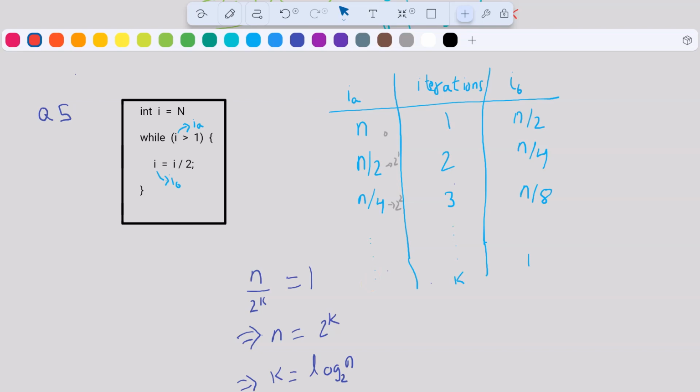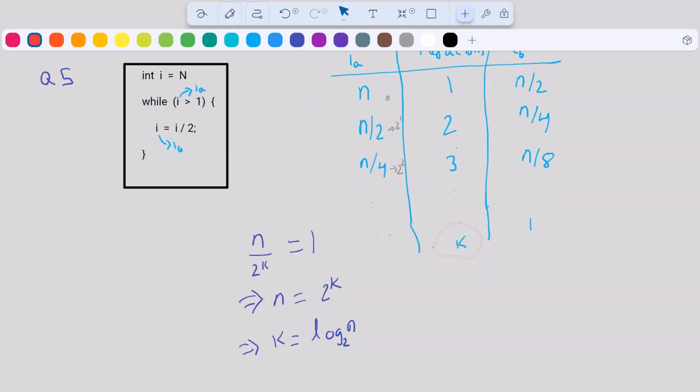As you can see, for 2 this was 2 to the power of 1, for 3 it was 2 to the power 2. So when there are k iterations, n will be divided by 2 to the power k minus 1, and it will result in 1. So after that the loop will end. So how many times does the loop run? The loop will run for k times, so we have to get the value of k.